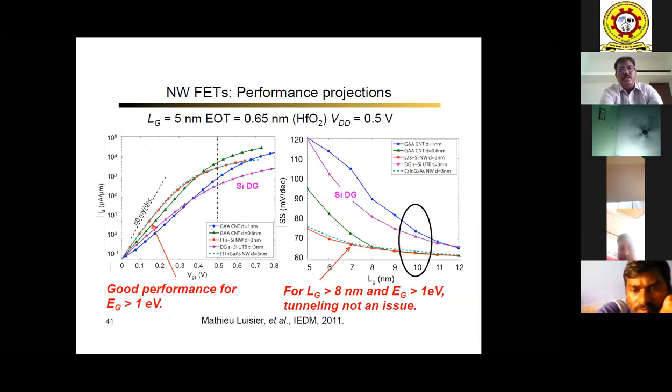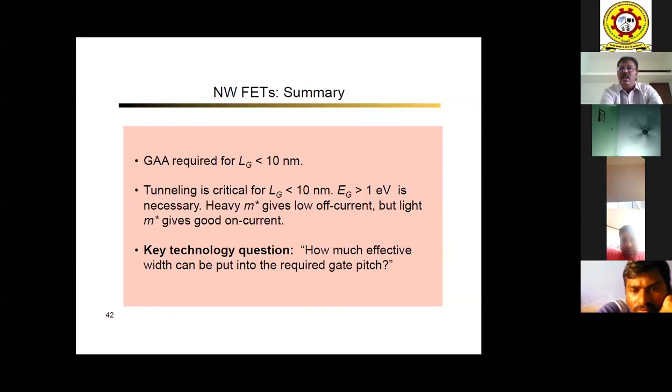Then some other projections on nanowire FETs. So like that, nanowire FET is another promising candidate. As I said, in nanowire FET, GAA, gate all around, is required in order to control the movement of the carriers, because it's almost a near ballistic movement of carriers from one end to another, like your tube, a water tube, where water is flowing from one end to another.